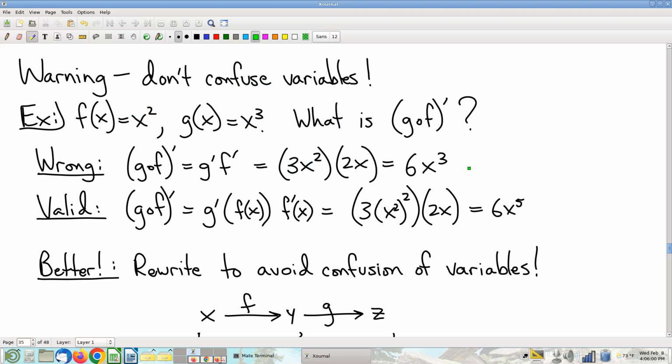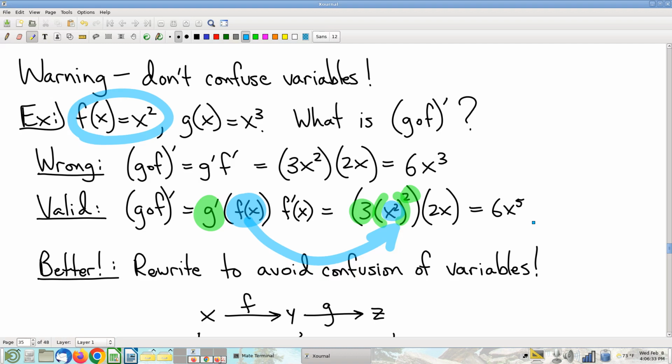You can avoid that by remembering that g prime has to be evaluated not at x, but at f of x. We talked about that last time in the multivariable version anyway, and of course this is an old formula from single variable. So g prime is 3 times something squared, sure, but it's not x, it's f of x, and of course f of x is x squared.